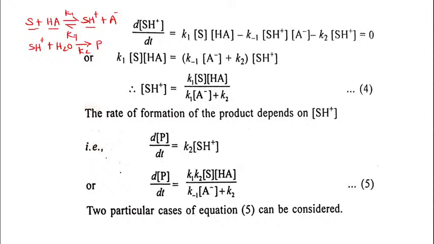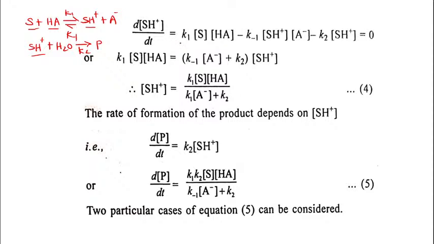So K-1 is the rate constant for that, into concentration of the intermediate into concentration of the anion. At the same time, this intermediate is converted to the product. So we have written here conversion of the intermediate, that is minus K2 into concentration of the intermediate, becomes equal to 0 according to the steady state approximation.